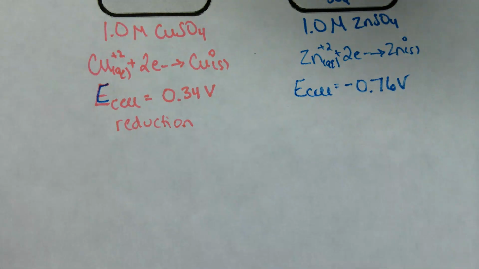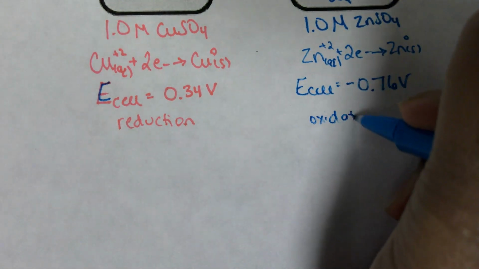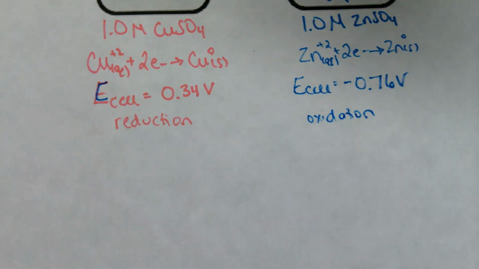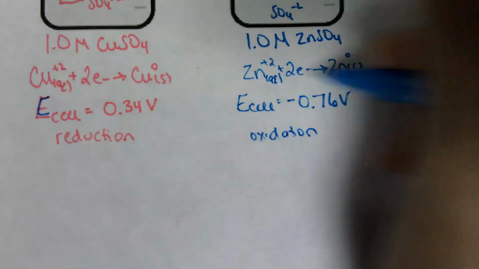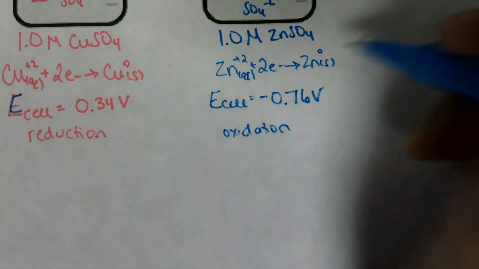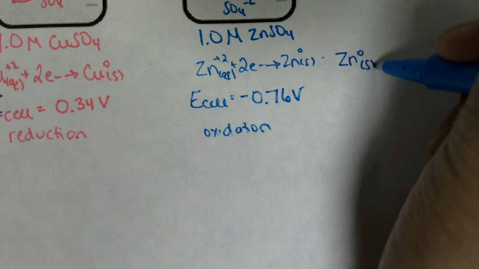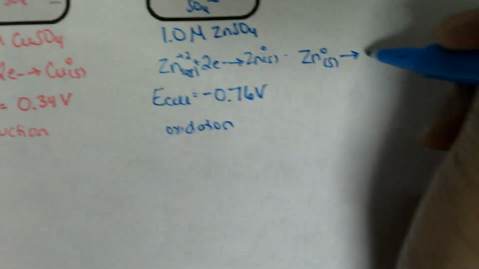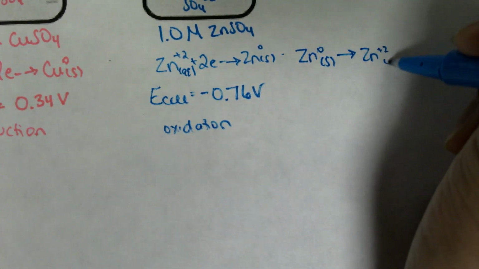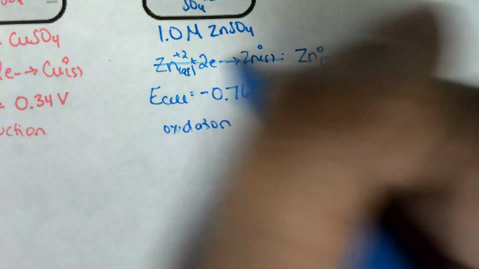This one, on the other hand, is going to undergo oxidation. So we will have to flip this equation. I'm going to put it over here and flip the equation so that zinc solid produces zinc plus 2 aqueous plus 2 electrons.